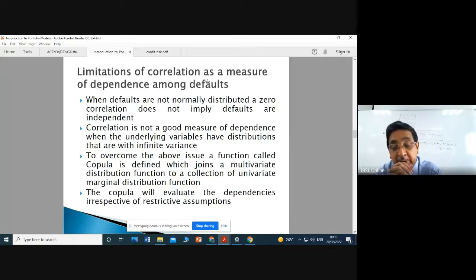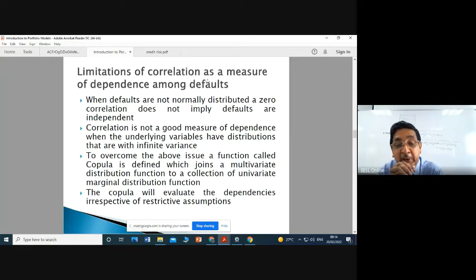Therefore, you should not worry about it. But what I want to tell you is, you have to understand these concepts. In most cases, when we apply the formulas, we have an assumption that the defaults are distributed normally. That is the normal assumption. But in some instances the defaults are not normally distributed, and in such cases these assumptions will not be valid.